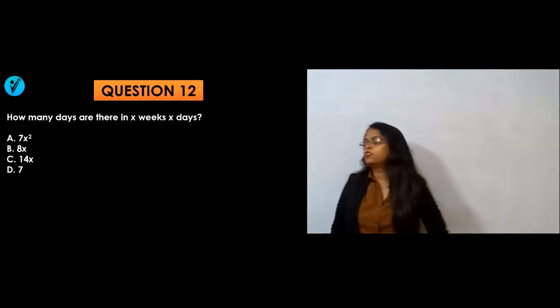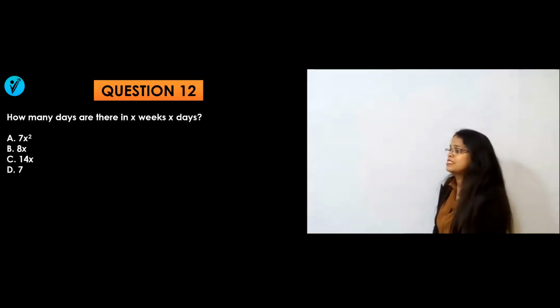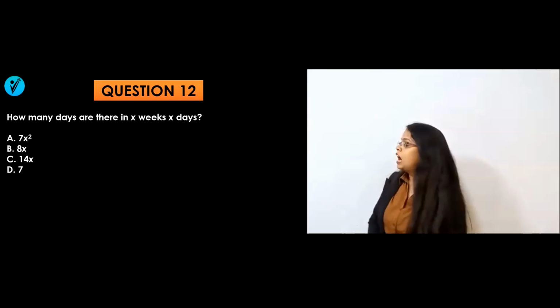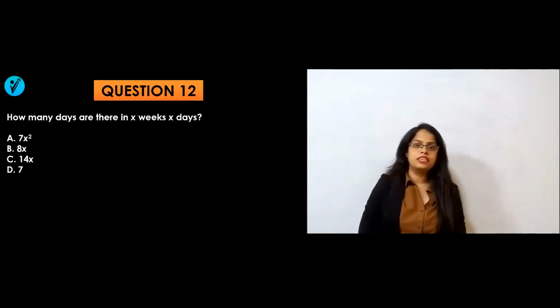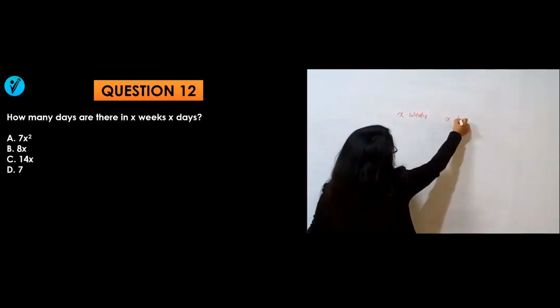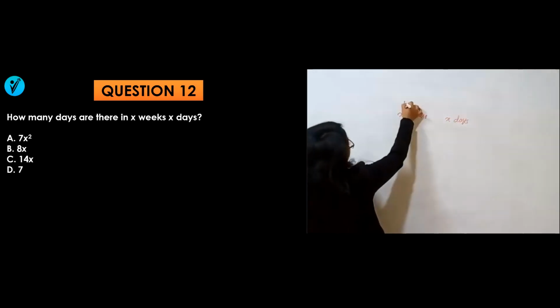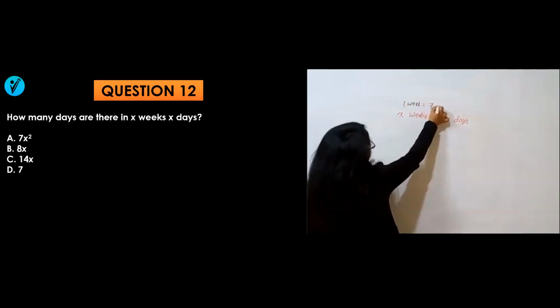Question number 12 is here on the screen, which is of the calendar topic. And this is an important question as it was asked in a SNAP paper actually. How many days are there in X weeks, X days? Now what I know is that 1 week is equal to how many days? 1 week is equal to 7 days.